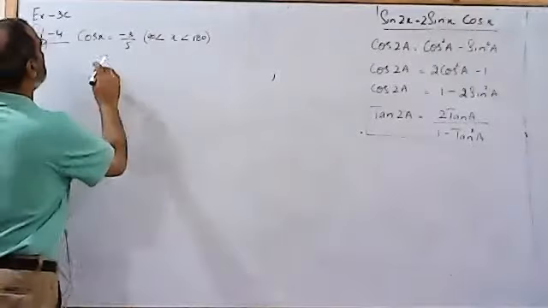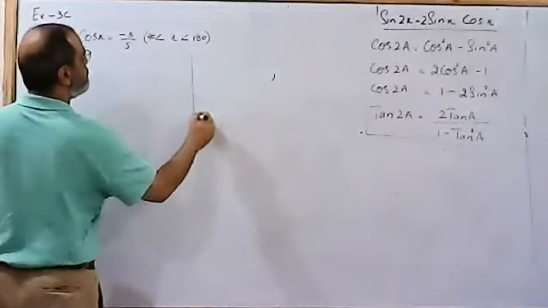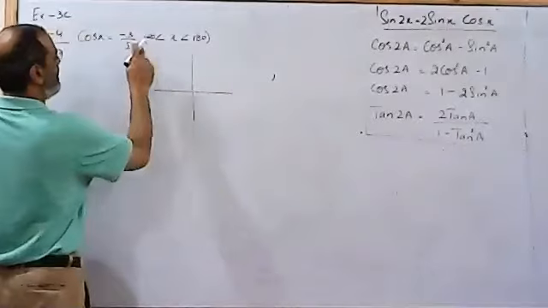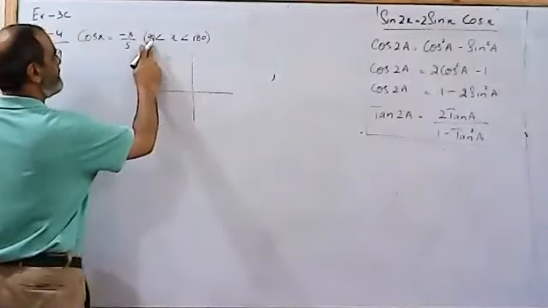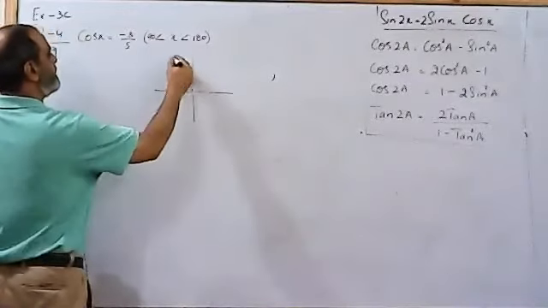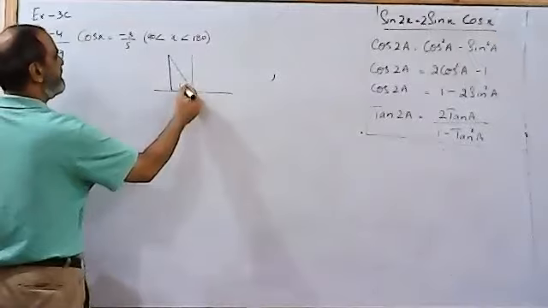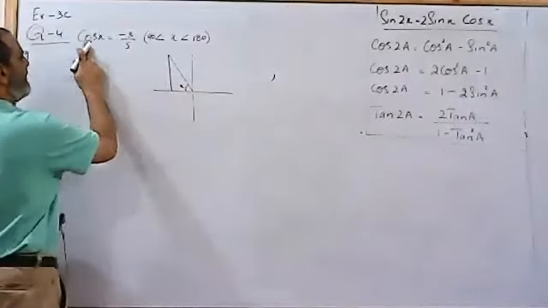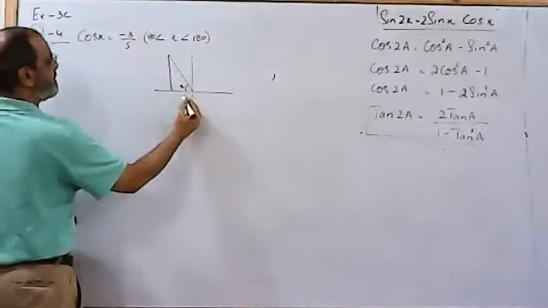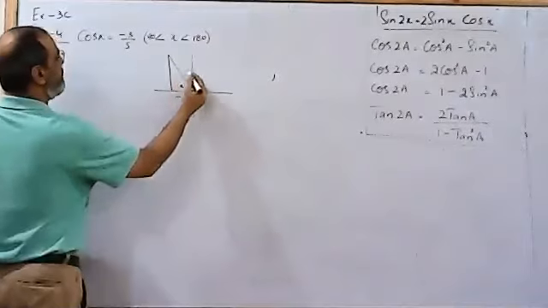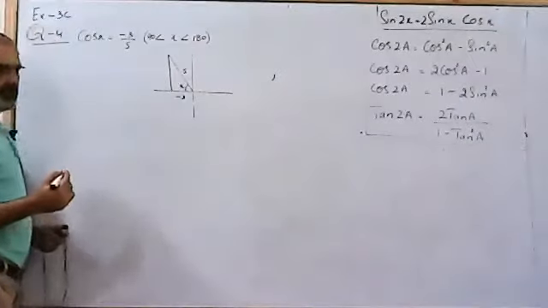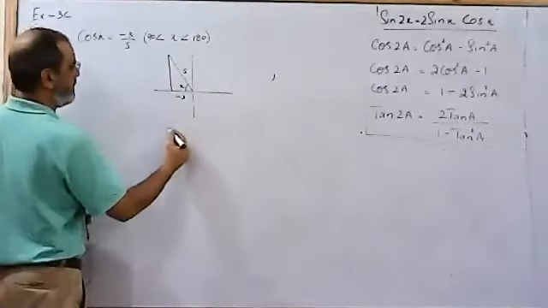First of all, I am going to use this value. I know the angle is between 90 and 180. X lies here in the second quadrant. Cosine is base over hypotenuse, so its base is minus 3. Hypotenuse is 5. Using the Pythagoras theorem, I can find the perpendicular.